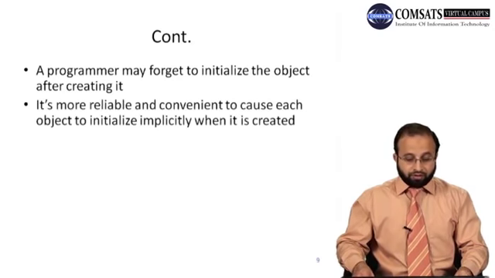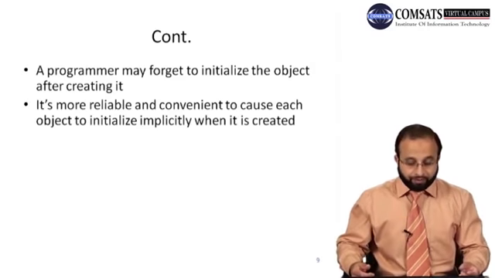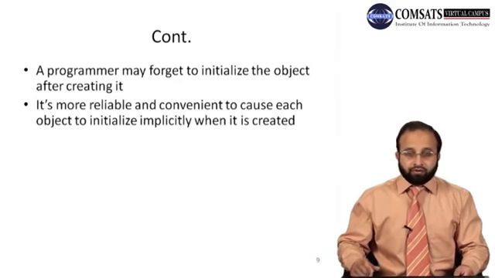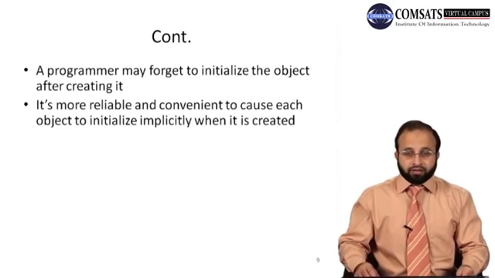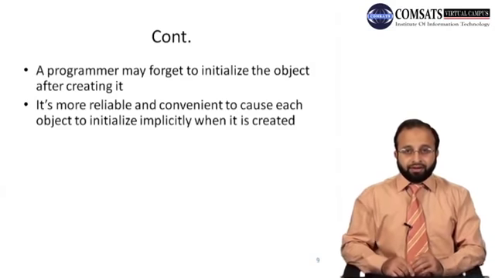That is possible. So it is more reliable and convenient to cause each object to initialize implicitly when it is created. Implicit means automatically. So the programmer does not have to care about it. If I write the constructor in the definition of the class, within that constructor I write some statements to initialize the private data member of the object whenever it is created.